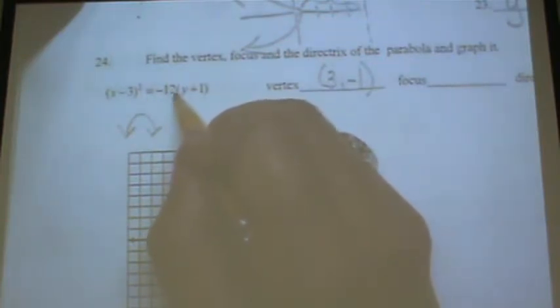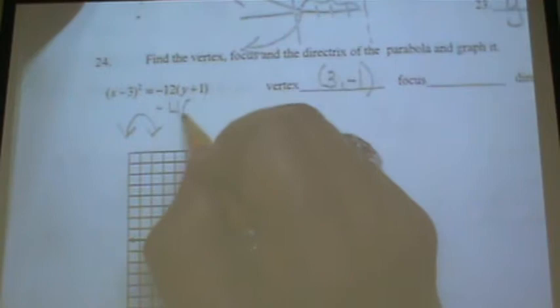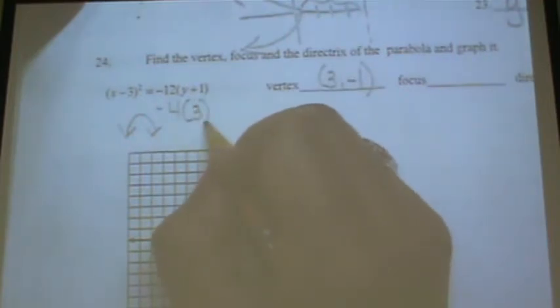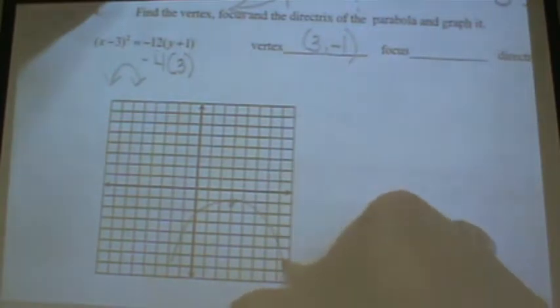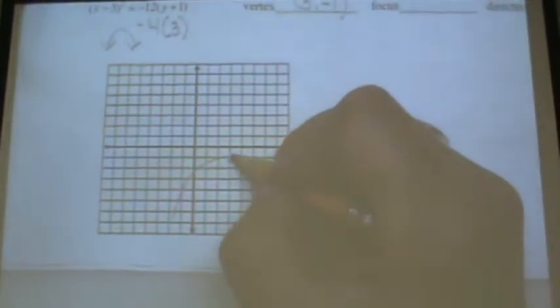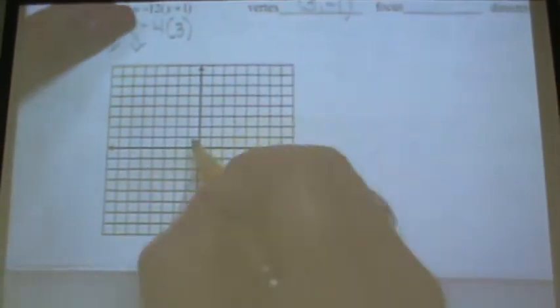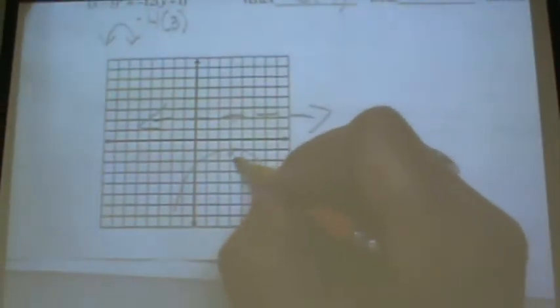So you need to pull out a -4 here to figure out P is 3. So this is going to be upside down like this. You go 3 units, 1, 2, 3. So your directrix is the line y equals 2. And your fixed point, you go 3 units inside here. And this point is 3, -4.